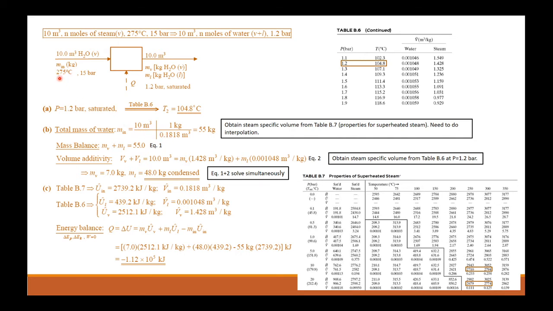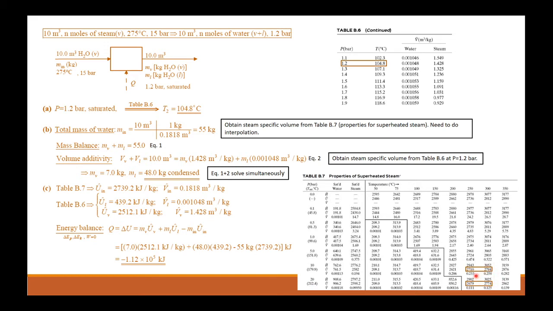So go to table B.7, and you can obtain the specific volume of your superheated steam, taking 270 degrees Celsius, which is between here, and at 15 bar, which is between 10 bar and 20 bar. So you have this information here.